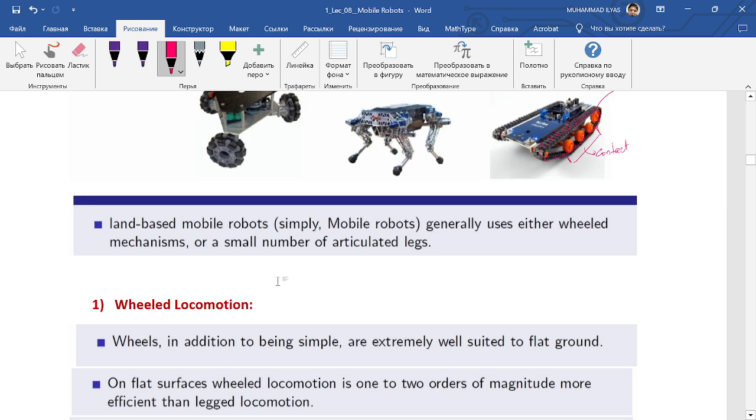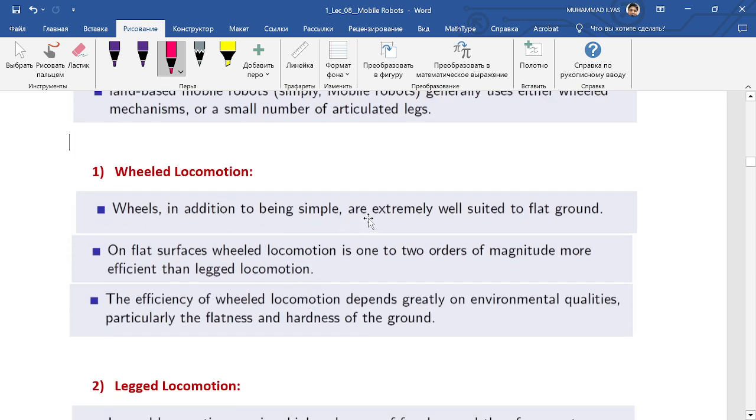But in the most common systems which we create, they have wheeled locomotion. Wheels, in addition to being simple, are a very readily available and very cheap type of locomotion, and they are very well suited for flat surfaces, right? But if surfaces have many ups and downs, maybe stones or rubble, wheel locomotion is very inefficient in that case.